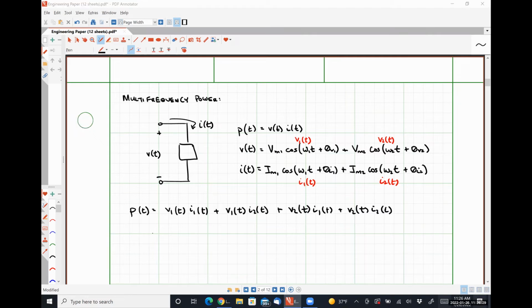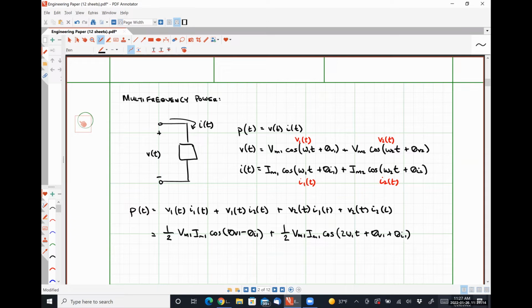So if we take the V1 times I1 part, that should hopefully obviously be 1/2 VM1 IM1 cosine theta V1 minus theta I1 plus 1/2 VM1 IM1 cosine twice omega 1 t plus theta V1 plus theta I1.